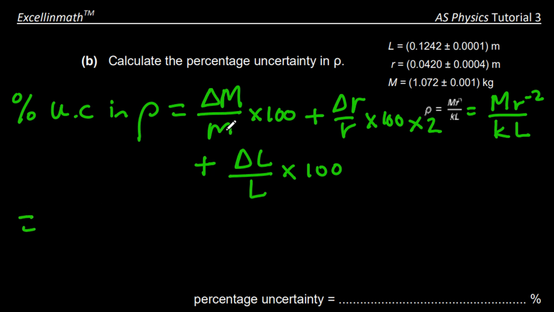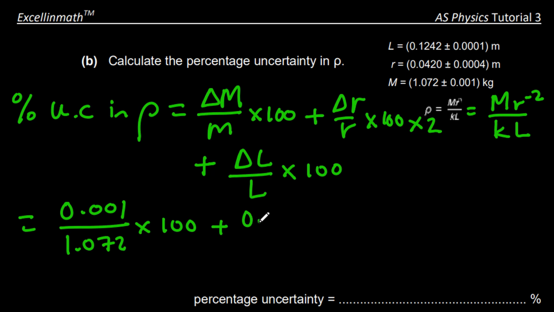So delta m over m over 1.072. Then delta r over r, so it's 0.0004 divided by 0.0420. And of course multiplied by 2.